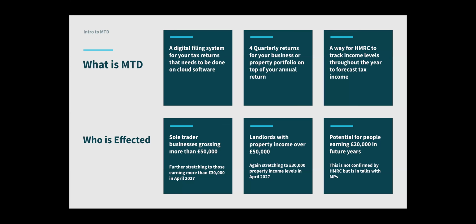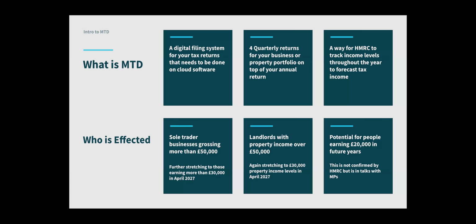In terms of who is actually affected, it's any sole trader or landlord with income over 50,000 from April 2026. And when we talk about income, we're talking about your turnover, so not including any expenditure, not profit, it is pure turnover.